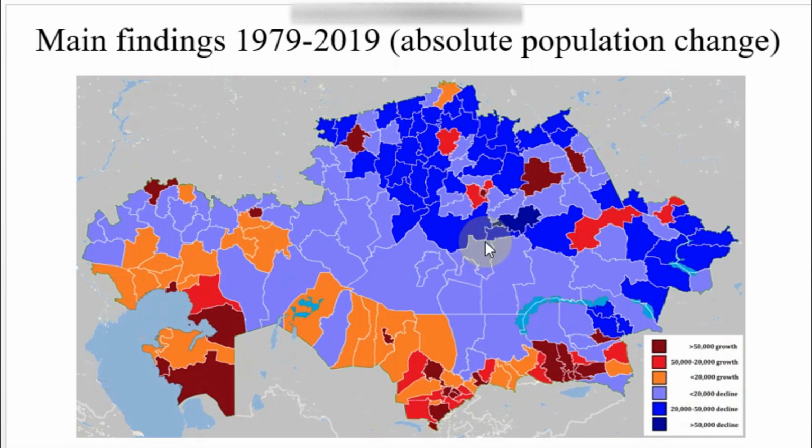This map here shows the absolute population change during the whole period of the study from 1979 to 2019, and we can see here that in most parts of the country there's population decline, but despite this fact, we can say that there's been significant population growth.